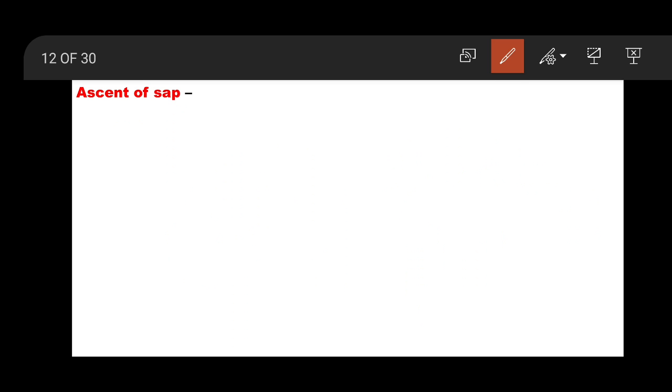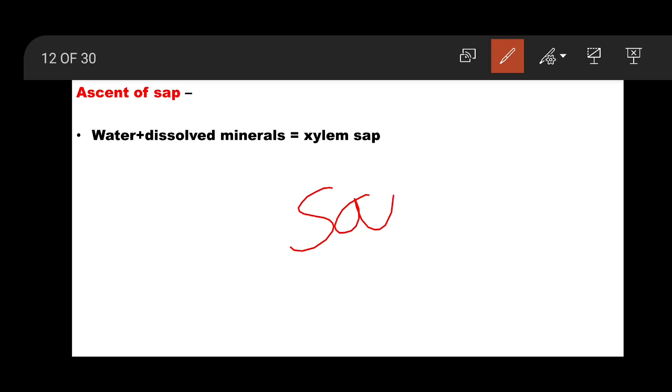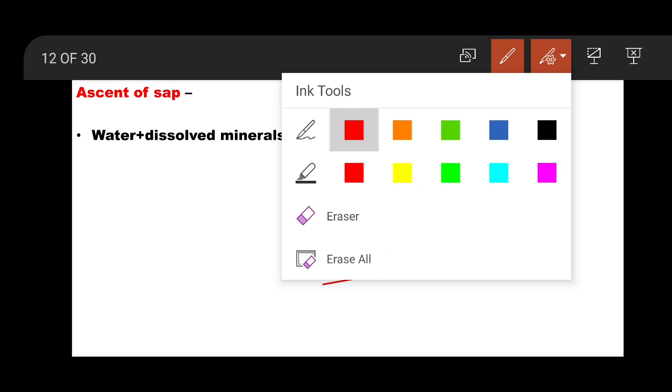Today we are looking at ascent of sap in perspective. For graduate students, you should study this in a somewhat deeper manner. Firstly, you should know what is meant by sap.